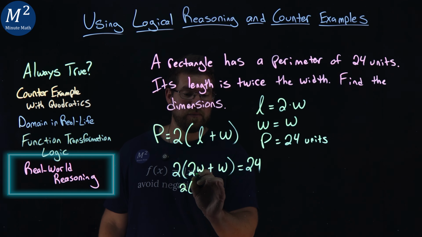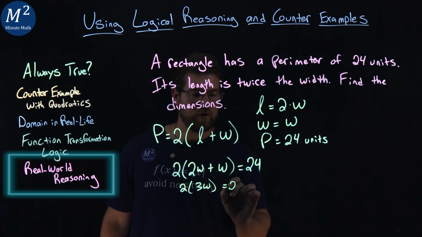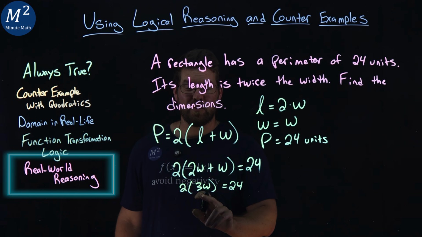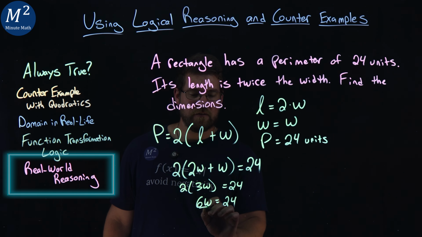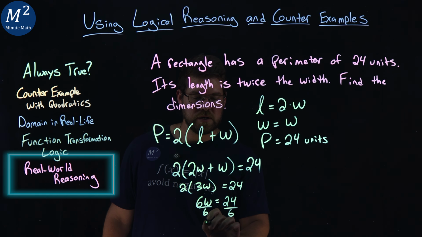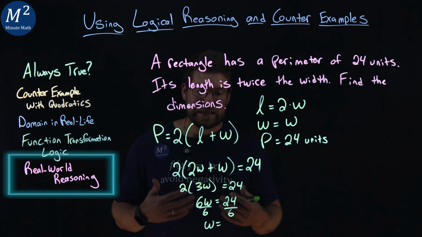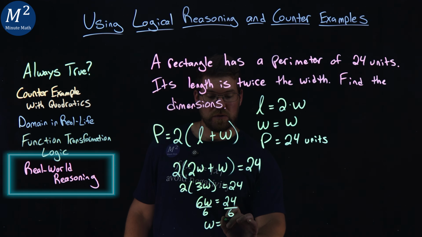That's 3W, so 2 times 3W is 6W, which is equal to 24. Divide both sides of our equation by 6, and our width is equal to 24 divided by 6, which is 4 units.